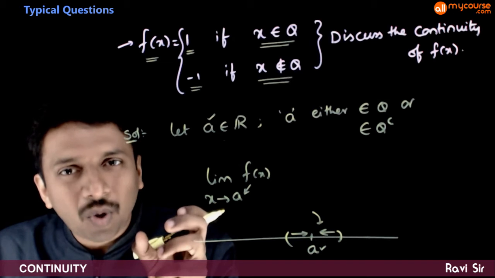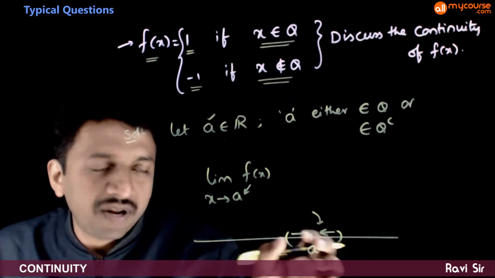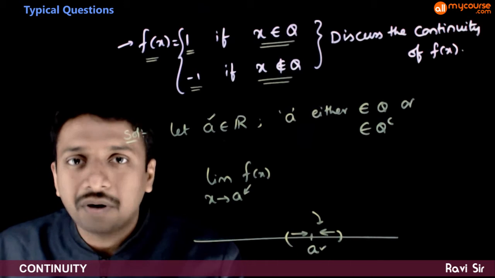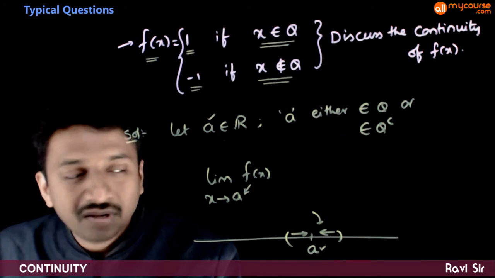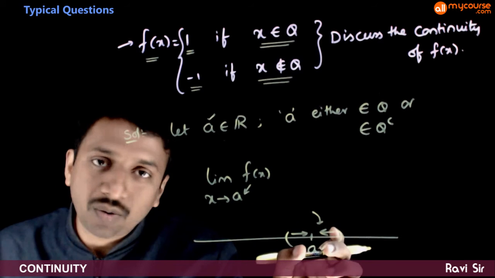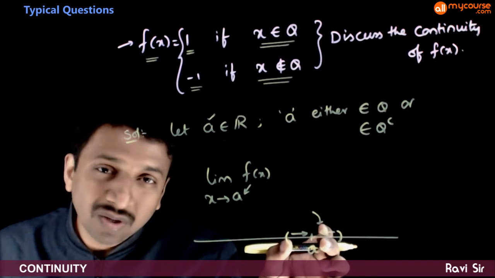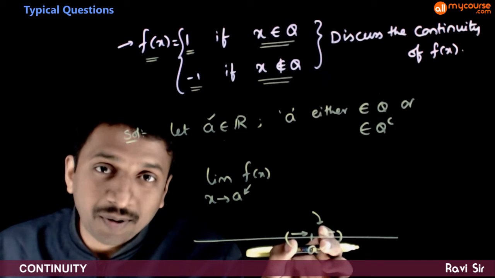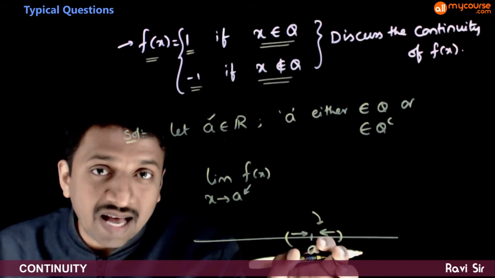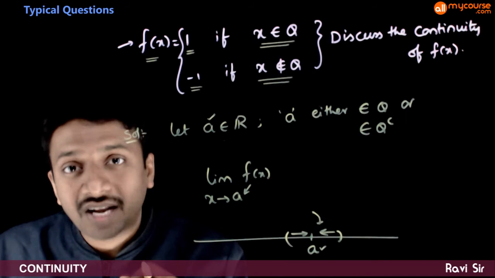So within any small interval of real numbers, you can insert infinitely many rationals and infinitely many irrationals. So if x belongs to the infinitesimal neighborhood around a, within this neighborhood there are infinite rationals and infinite irrationals.